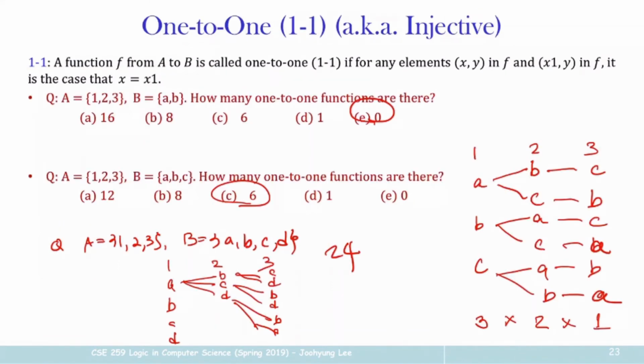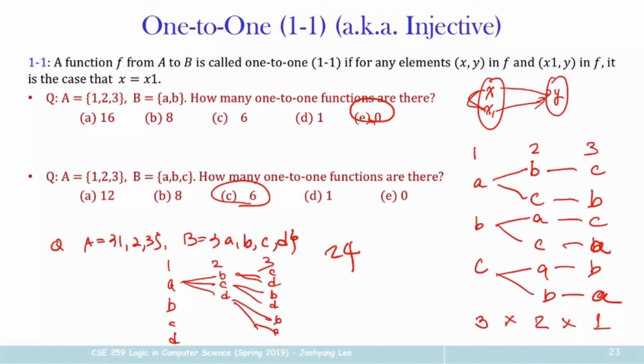All right, good. Now let's look at one-to-one function. So what is a one-to-one function? It is a function, but then for every element x and y, if (x, y) is in f and (x1, y) is in f, it is the case that x is equal to x1. What that means is if x is mapped to y and x1 is also mapped to y, then these two should be the same element.